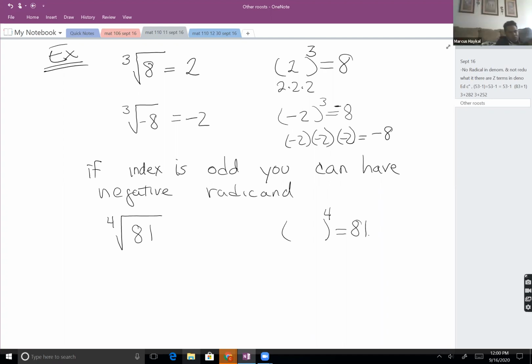Um, 9. 9 times 9 is 81, but that's 2. 3. Wouldn't it be 3? Because 3 times 3 is 9, 3 times 3 is 9, that's 9 times 9 or 81. Oh, pretty. So the fourth root of 81 is 3.